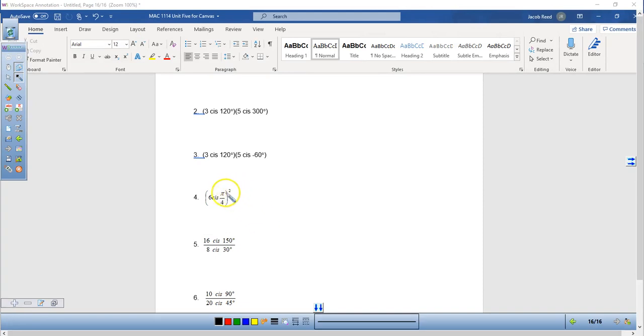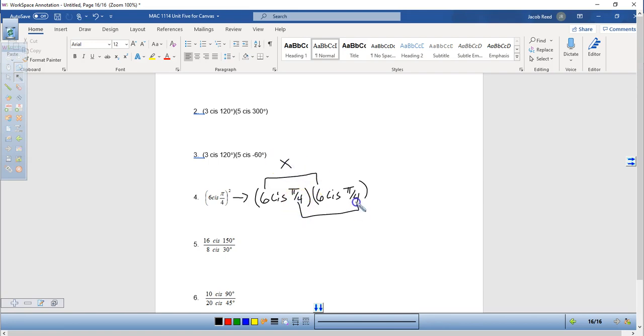All right, number 4, 6 cosine pi/4 plus i sine pi/4. That really means 6 cosine pi/4 plus i sine pi/4 times 6 cosine pi/4 plus i sine pi/4. So we multiply and add.